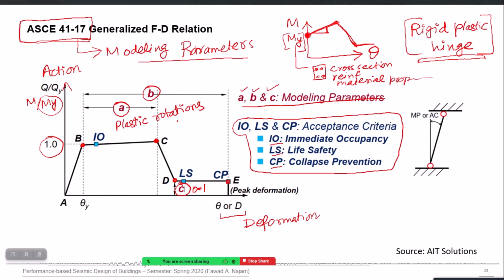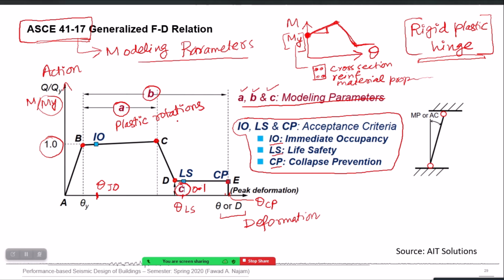So the deformation corresponding to each of these performance levels is called the acceptance criteria, or your capacity corresponding to those performance levels. So these are the three rotation values. This one, for example, is called theta IO. This is, let's say, theta LS, and then the last one would be somewhere here, let's say theta CP.